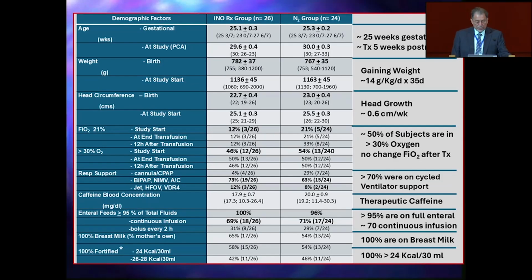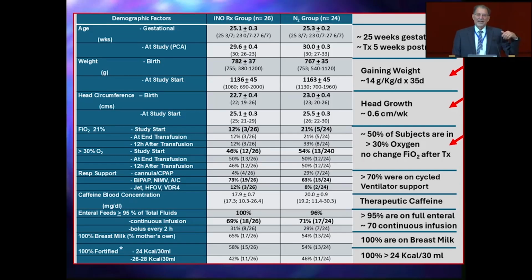Now, it's a busy slide, and I know it's a half-hour talk, so I'm not going to go through this in detail, but if you follow along on the right column, what you'll see is that these were all 25-week gestational babies, and they were about 5 weeks postnatal age when we studied them. They were gaining weight, 14 grams per kilo per day at 35 days after birth.